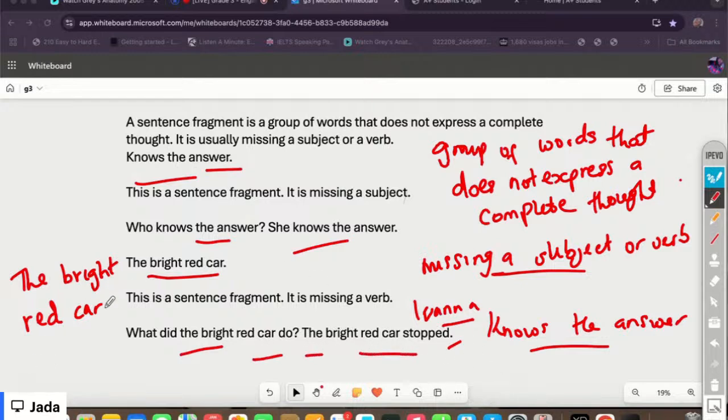If you say the bright red car stopped, then it's a complete sentence. It has a verb and a subject. So the sentence fragment will miss a subject or verb. That's what makes the sentence fragment incomplete.